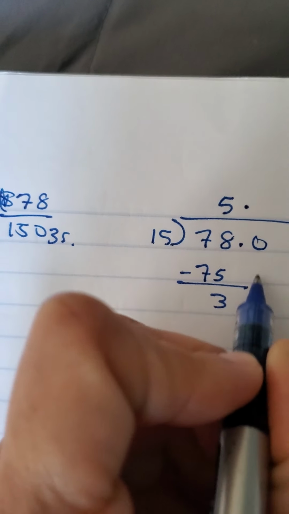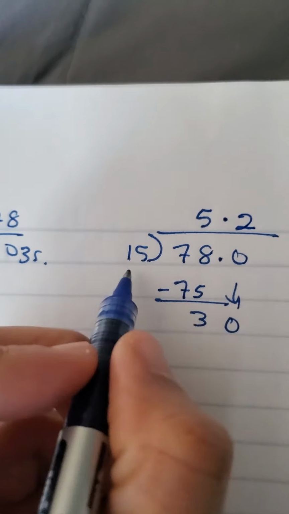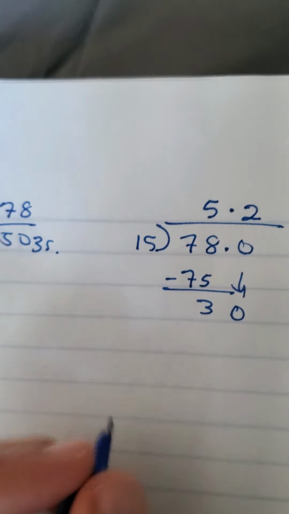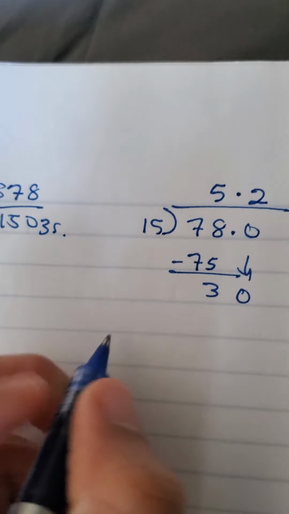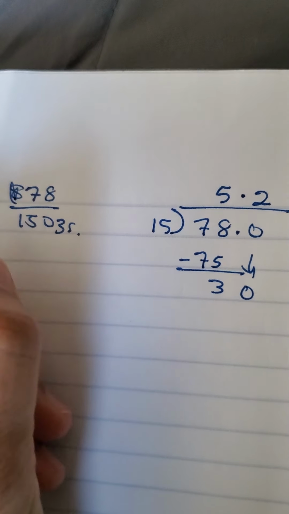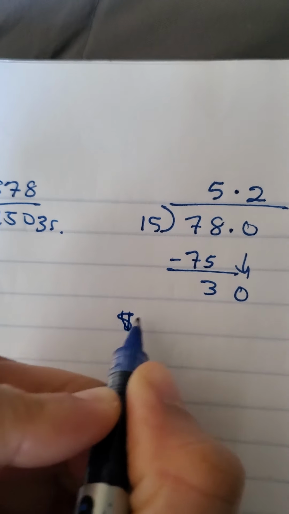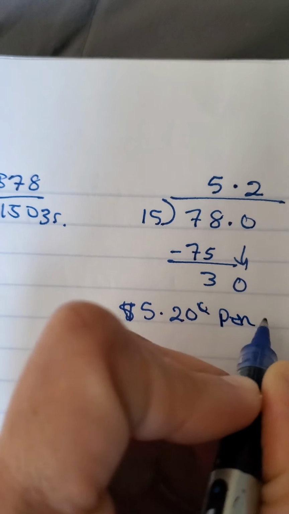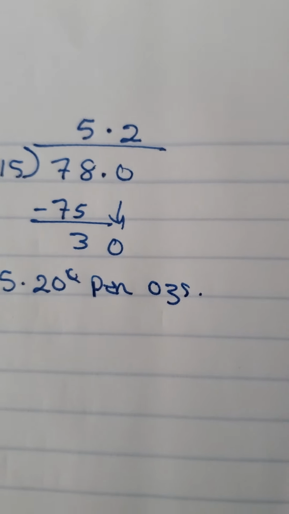Add a 0, bring it down, and we can find 2 factors of 15 in 30. We always start off with what our dividend is. Our dividend was dollars, and that's ounces. So our unit rate would be $5.20 per ounce.